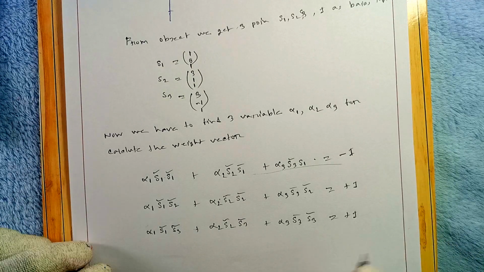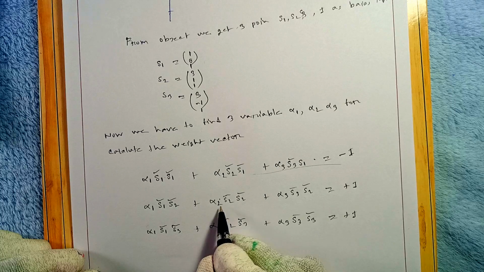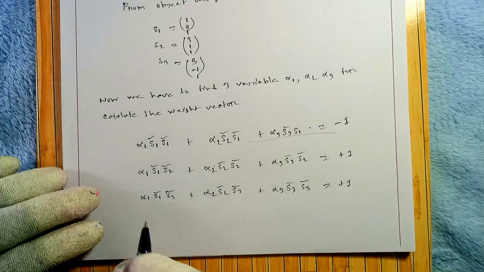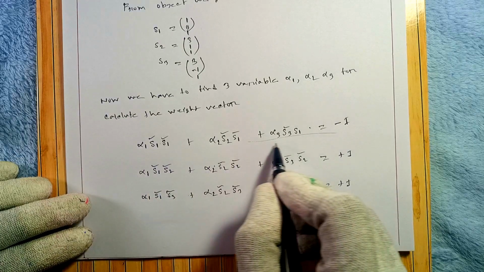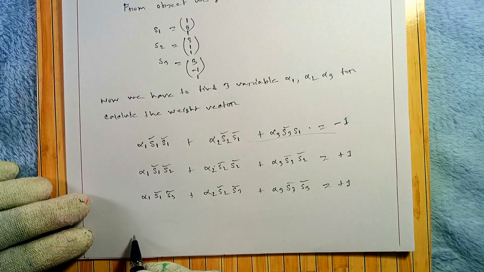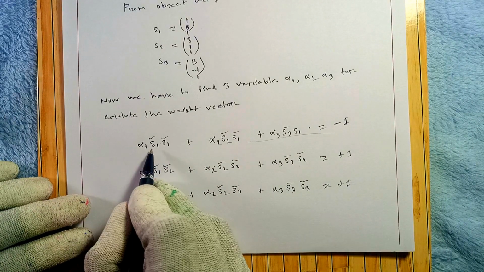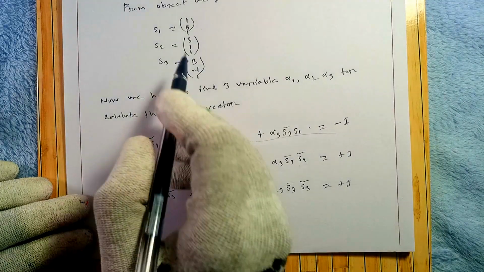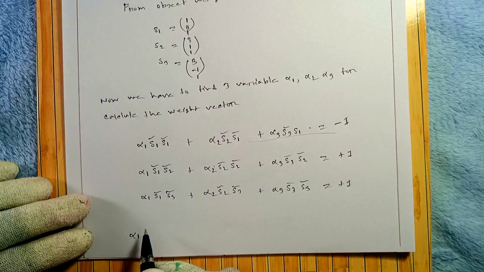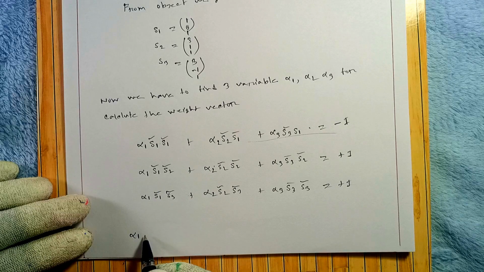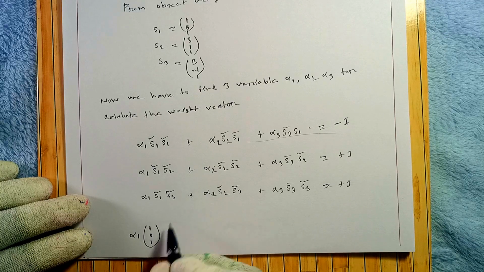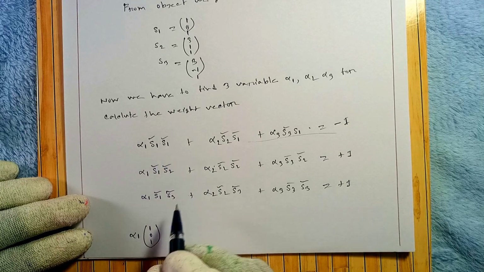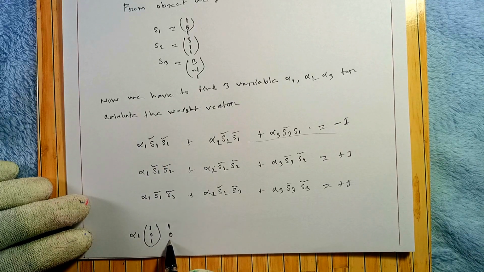Now we have to find the values of alpha 1, alpha 2 and alpha 3. So we can put all of these values here. For this row we can write alpha 1 times S1, which is (1, 0, 1), then again S1 (1, 0, 1).